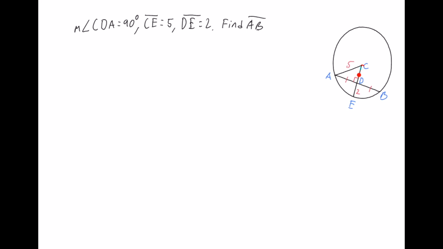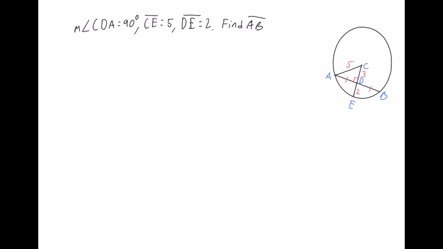Also, if we know CE is 5 and DE is 2, that means CD is 5 minus 2, which is 3. So now we have a right triangle with measures 3 and 5, and we need to find this side here.